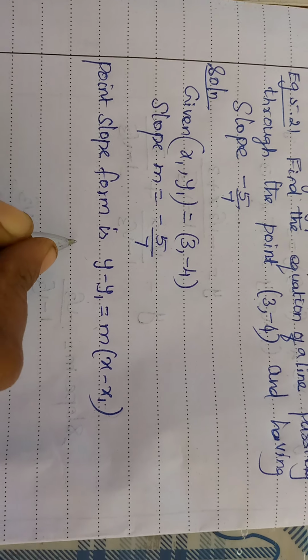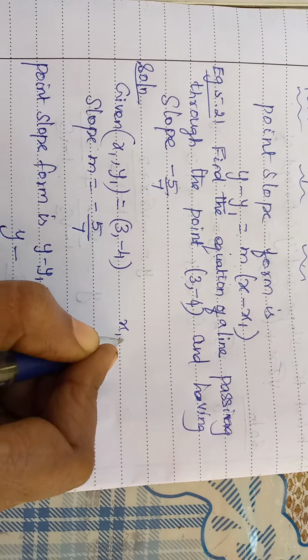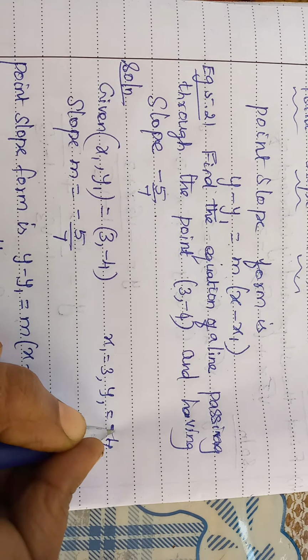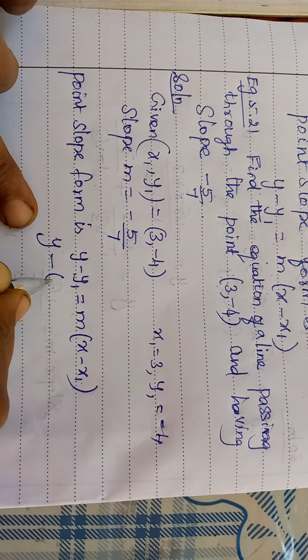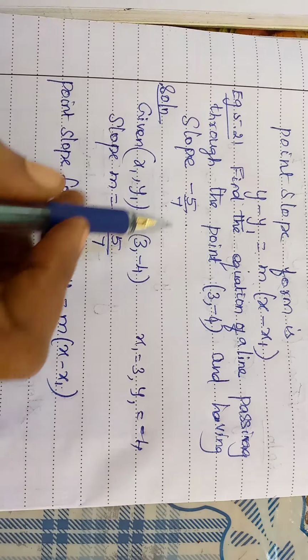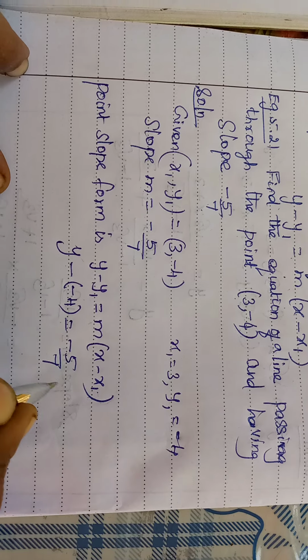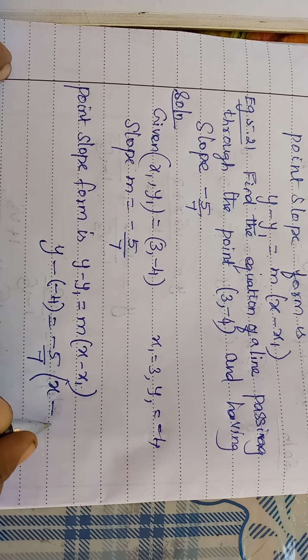So we get y minus y1: x1 equal to 3, y1 equal to -4. So y minus y1 is y minus of minus 4, equal to m value, which is -5/7, into x as it is, minus x1, which is 3.